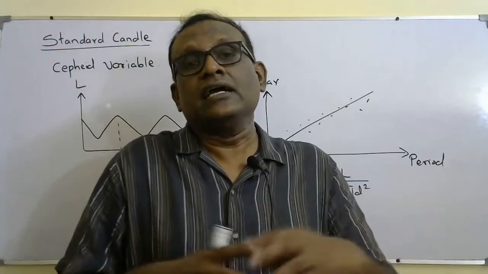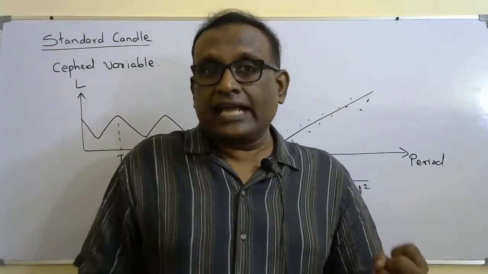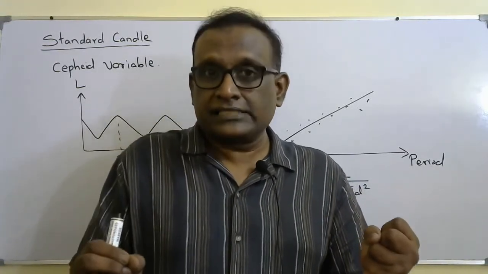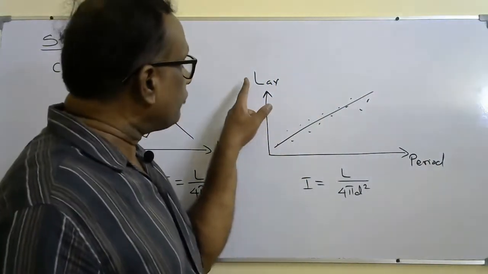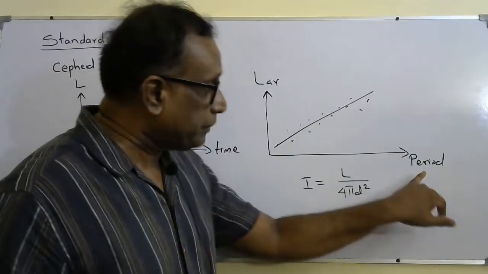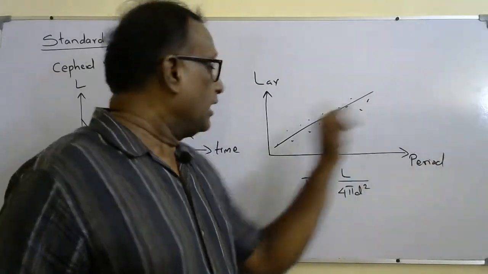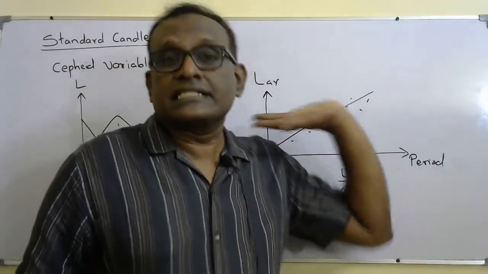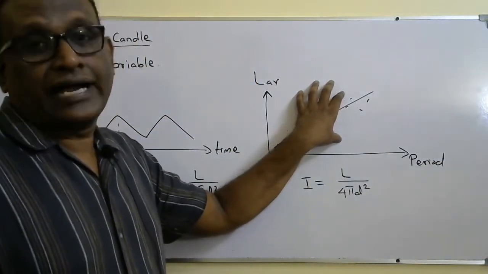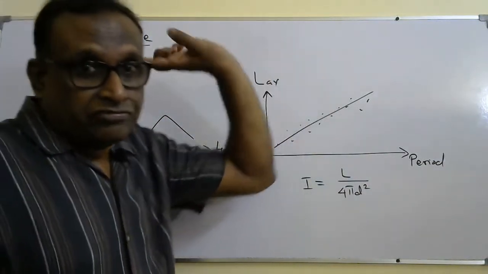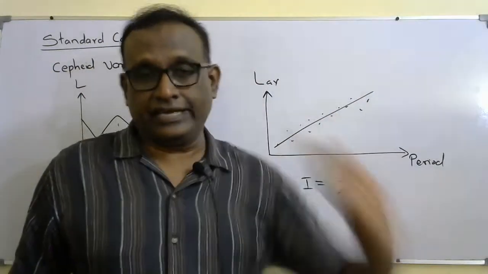So if we take average luminosity and the relevant period of expansion and contraction for different Cepheid variables, and plot a graph of average luminosity against period, the best fit line will be a straight line. We are going to use this information to find the luminosity of a far distant Cepheid variable in another galaxy.